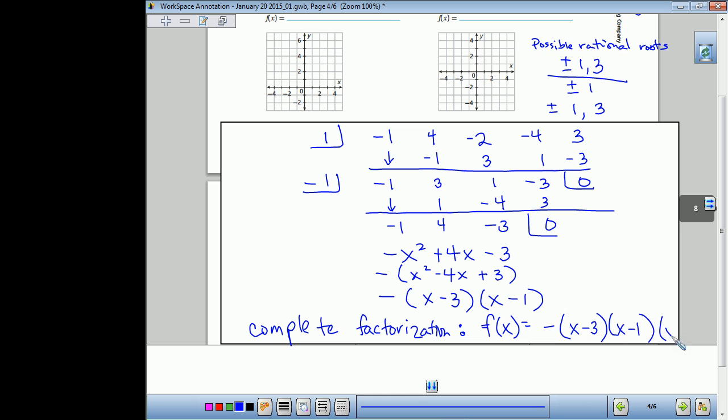This would give me an x plus 1, right? What would this give me? Another x minus 1, but I've already got 1 listed, so that one would be squared, wouldn't it? So my zeros, which I probably should have written before I did the complete factorization, I've got a double at 1. What does that tell me about what's going to happen there at 1 on the graph? It's going to bounce. And then I've got 1 at -1 and 3.